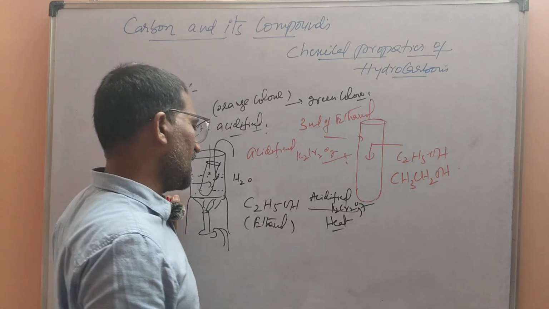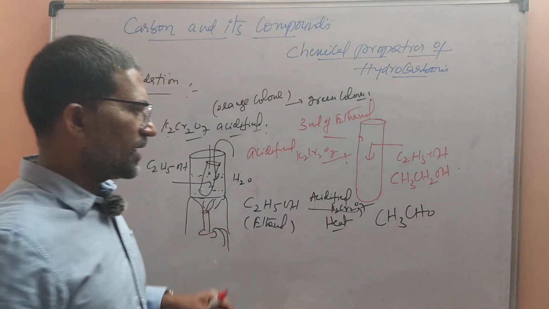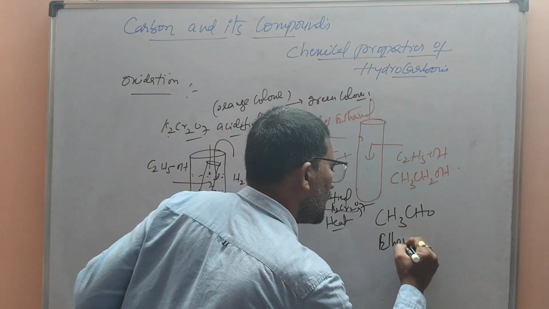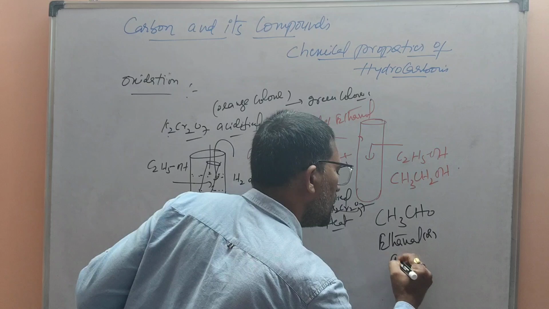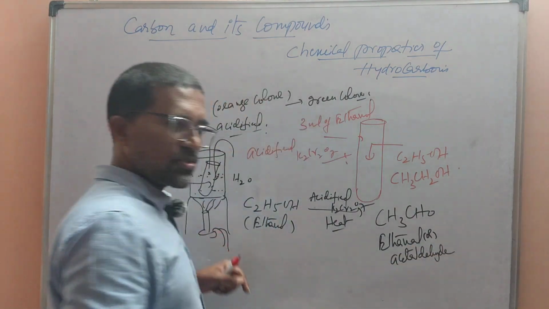ethanal or acetaldehyde, that is CH3CHO. CH3CHO is the formula for ethanal or acetaldehyde. Understood?